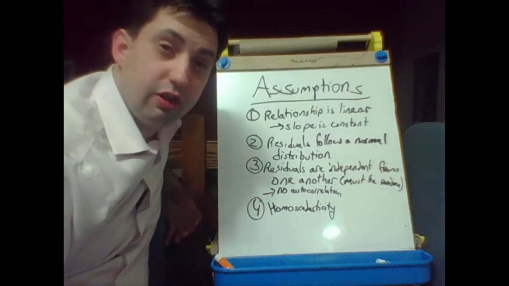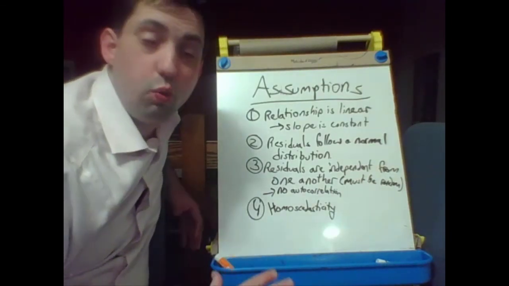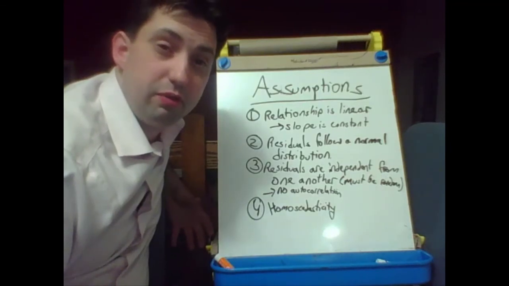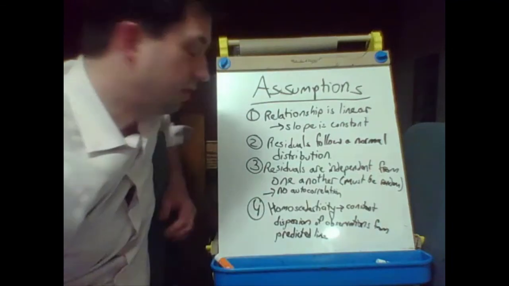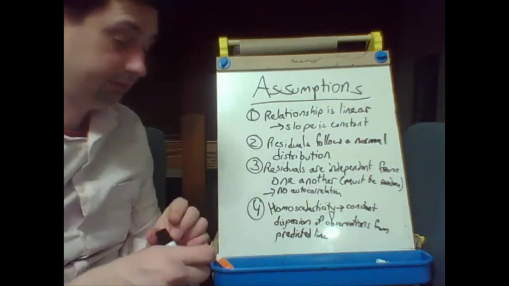It essentially says that the spread of the data away from the best fit line, from this predicted line, is constant. Constant dispersion of observations from the predicted line.